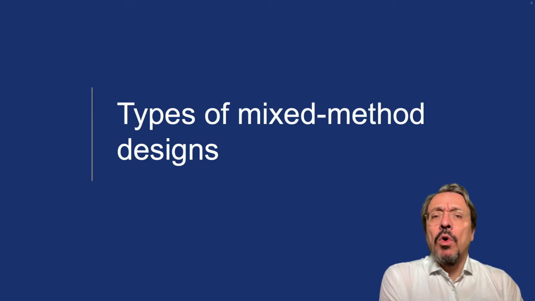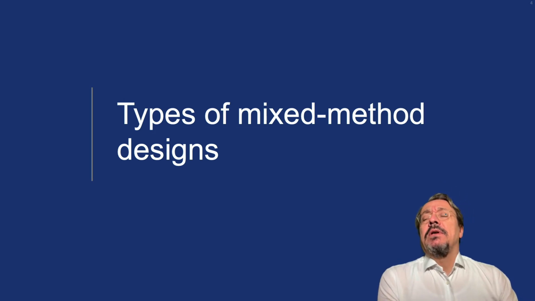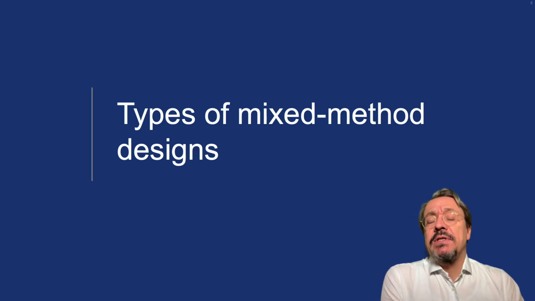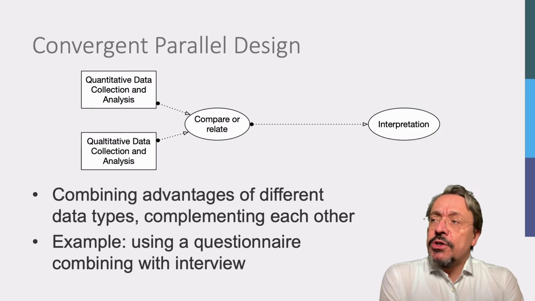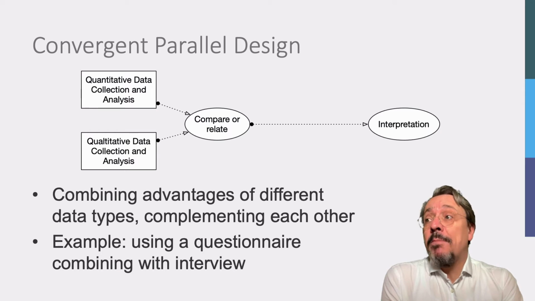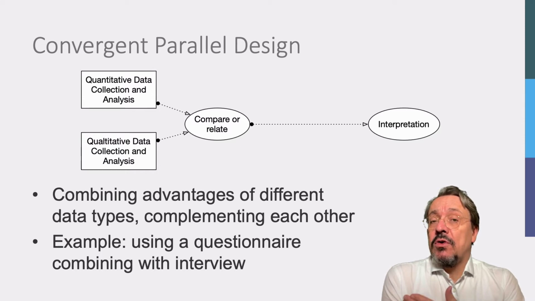So what are typical types of mixed method designs? I introduce you to some. First, to start with, the convergent parallel design. Of course you can combine quantitative and qualitative data collection, and you do that typically by complementing and relating the findings you have from quantitative and qualitative data.